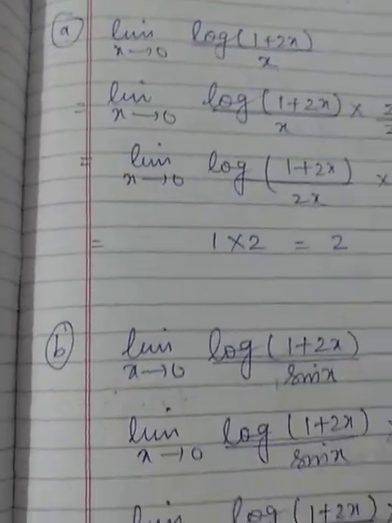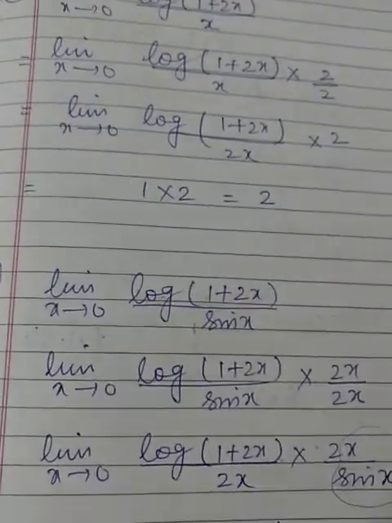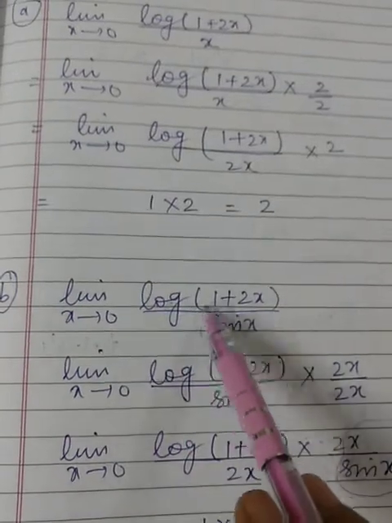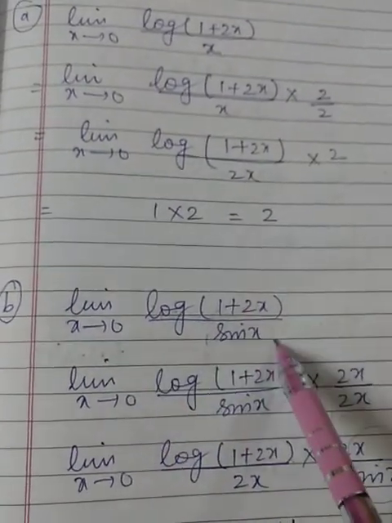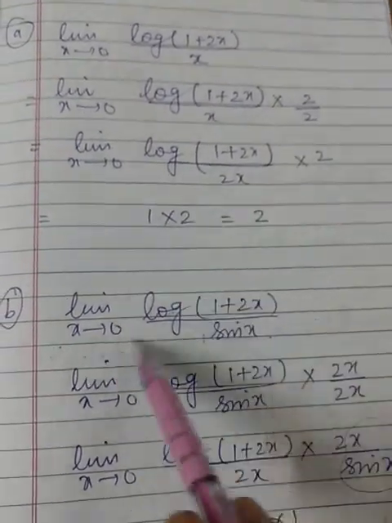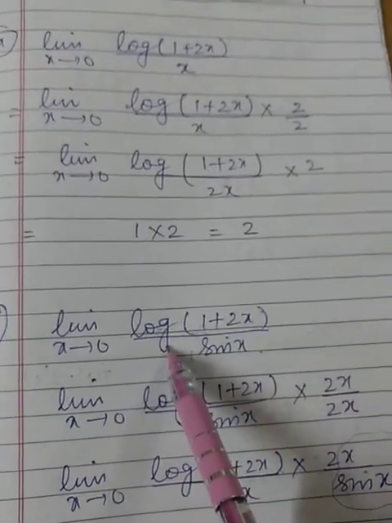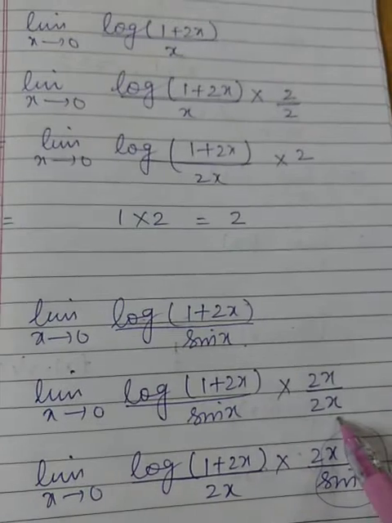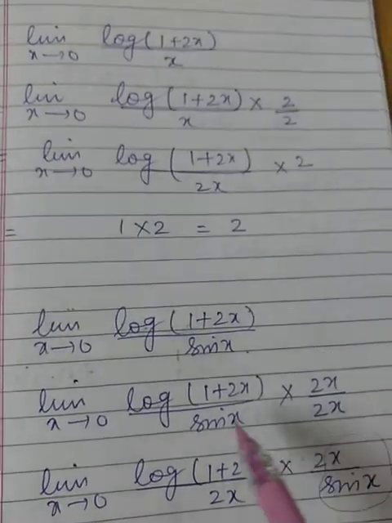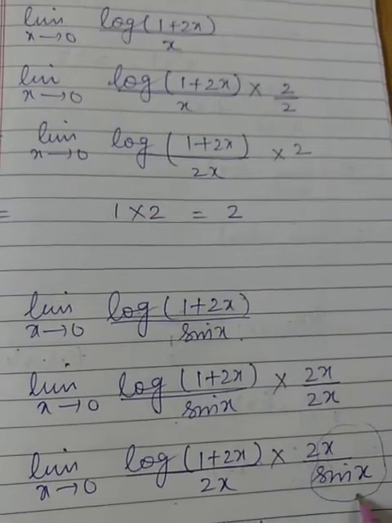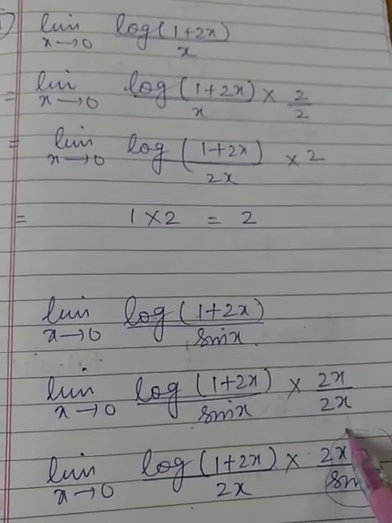Take one more example. Now this is a combination of two questions. Limit x tending to 0 of log(1 plus 2x) upon sin x. To make this log(1 plus 2x) equal to 1, we require 2x in the denominator. So we multiply and divide by 2x. In place of sin x, if we write 2x, the sin will go this side and we have 2x in its numerator.